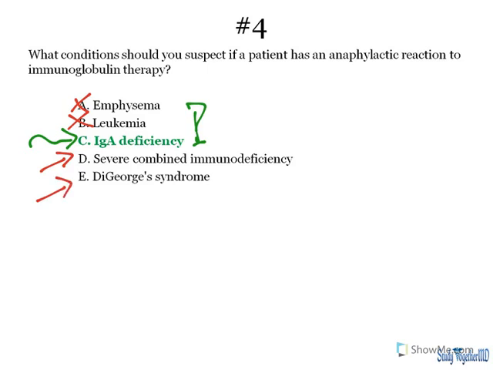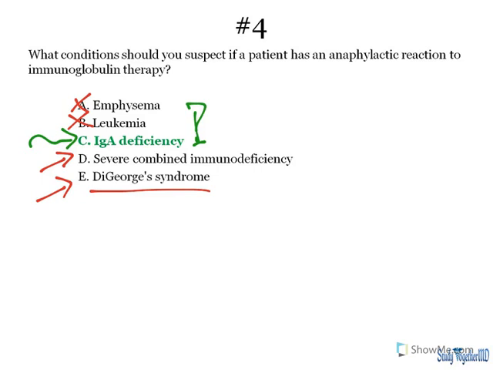Now, how to exclude these two? So severe combined immunodeficiency usually presents in the first months of life, and classically you're going to see recurrent severe infections, chronic diarrhea, and failure to thrive. And DiGeorge syndrome is associated with hypocalcemia and tetany in the first 2 days of life.